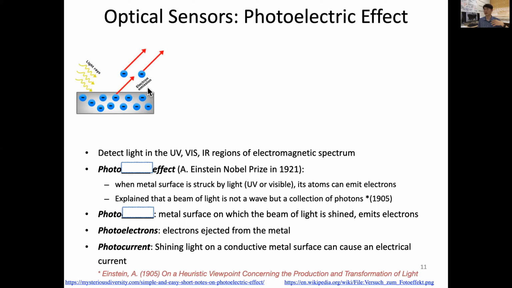So those are electron emissions. At the time, only Maxwell's theory was prevailing, so we understood light as a wave.